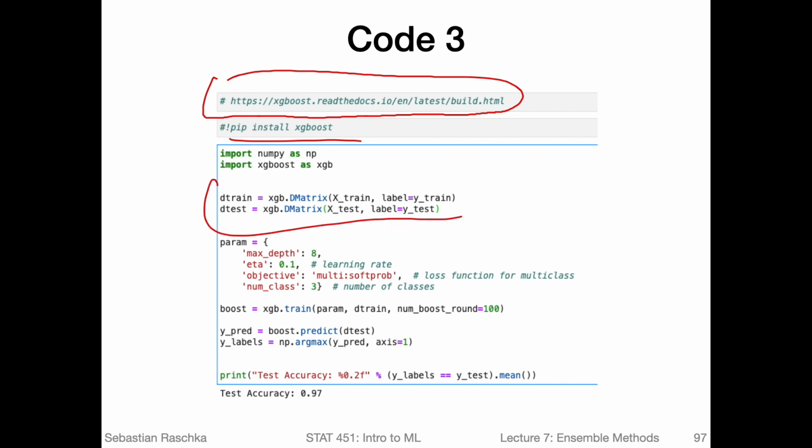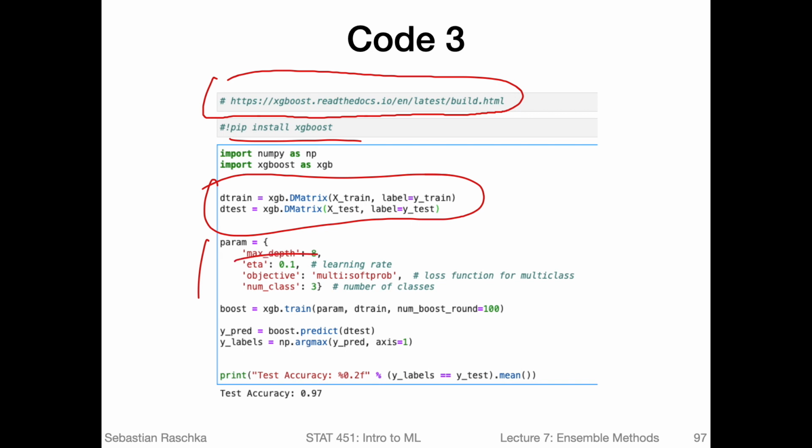So you first have to convert the NumPy arrays into their own DMatrix format. This command here is for NumPy arrays. There are different commands if you want to load data from an SQLite file or a CSV file and so forth. So also for that, I recommend checking the documentation if you want to use XGBoost. And then we define the parameters in a dictionary here.